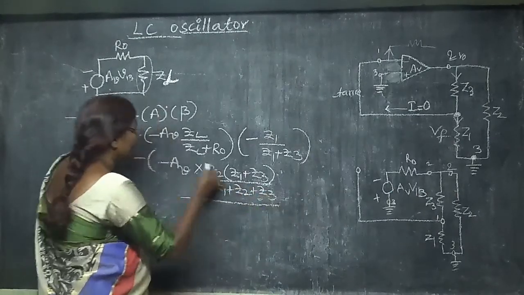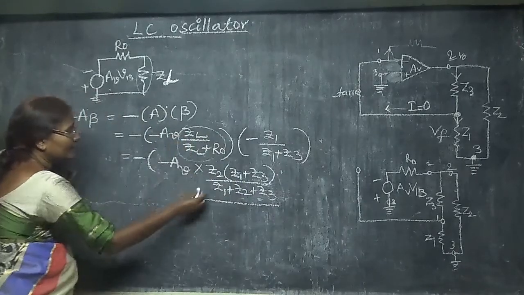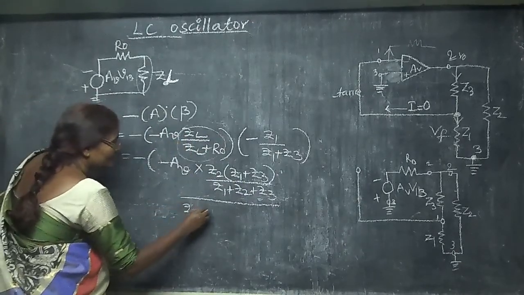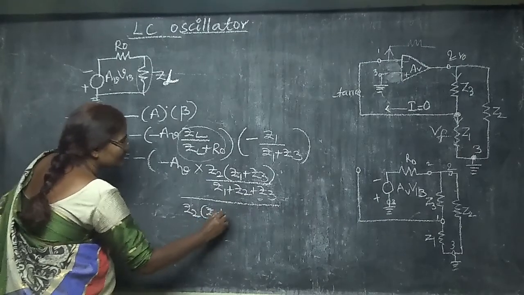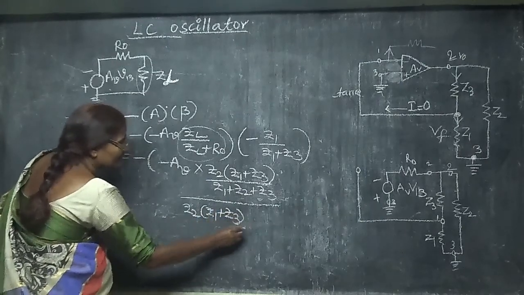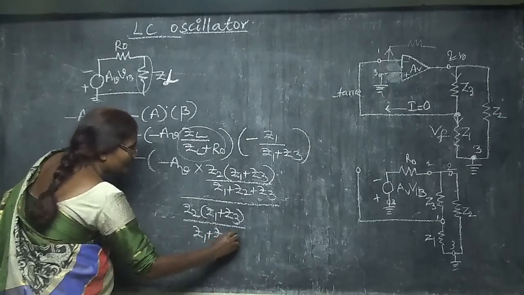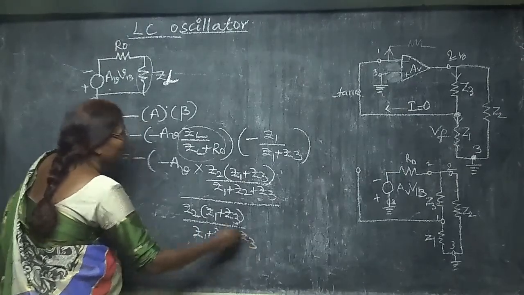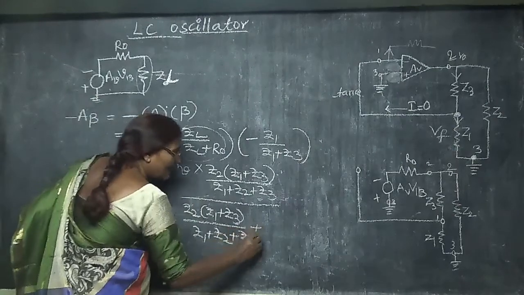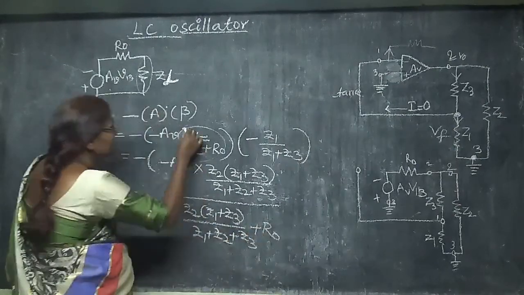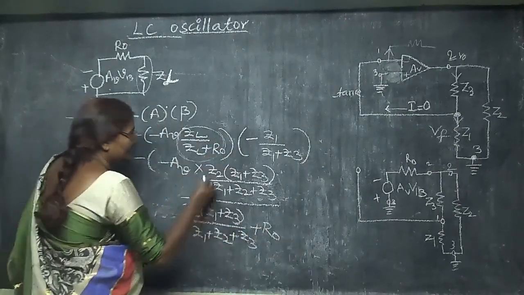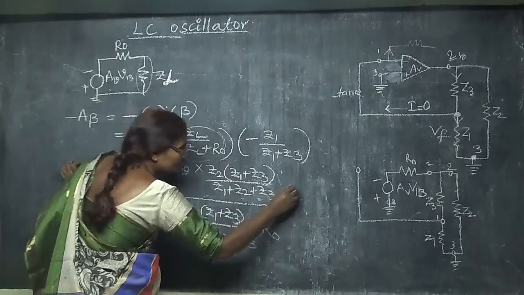Again, Z2 into Z1 plus Z3 divided by Z1 plus Z2 plus Z3 plus R0. This is about this.